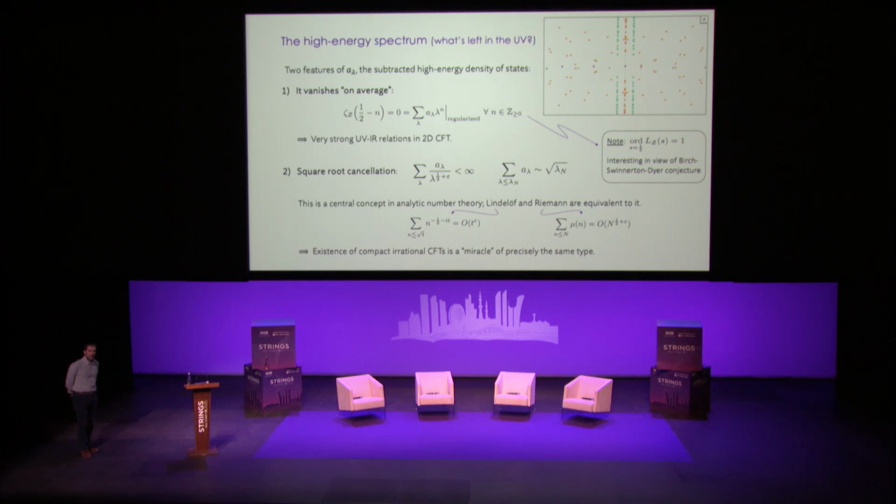Indeed, the Lindelof and Riemann hypotheses are both versions of it applied to different summands, where for the Riemann case, you think about 1 over zeta of s being pole-free to the right of s equals a half. So the existence of compact irrational CFTs is a miracle of precisely the same type in this short mathematical sense.